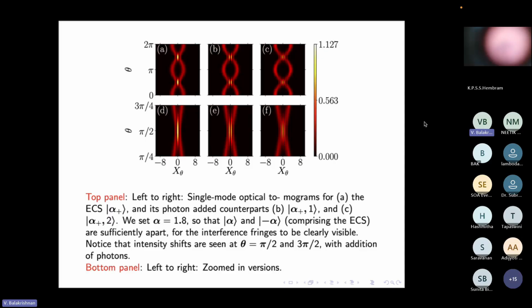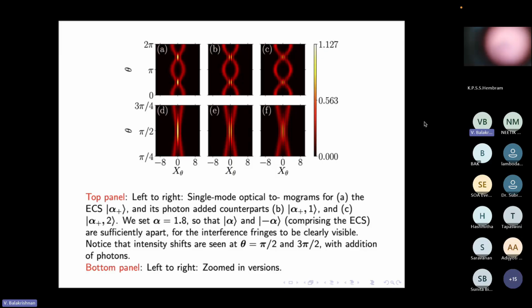So right from the tomogram, if my reference state is ket alpha, I can see that there are additions of photons. Whether it's an odd number of photons or an even number of photons that are added is clear from whether the central fringe around pi by 2 is bright or dark.